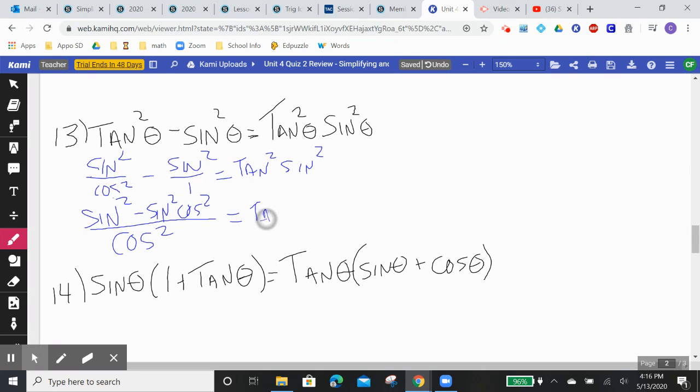That should equal here. So my numerator right here, if I look at my numerator now, I need to try to simplify this.